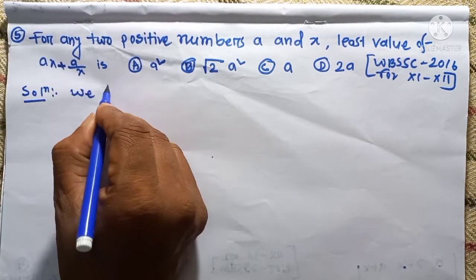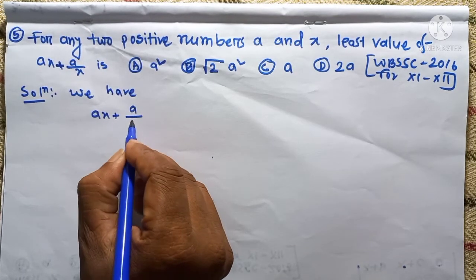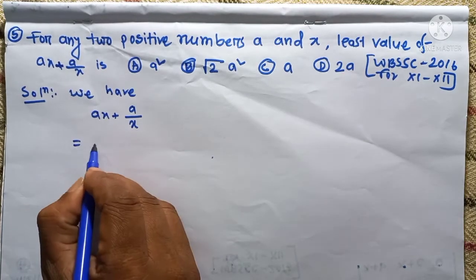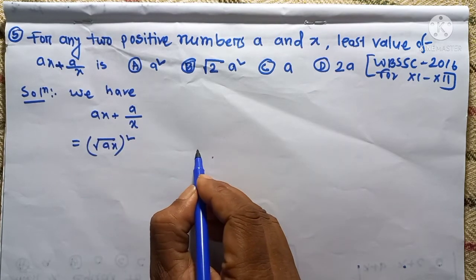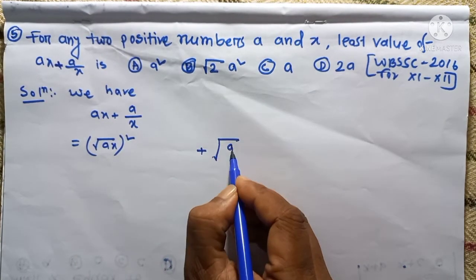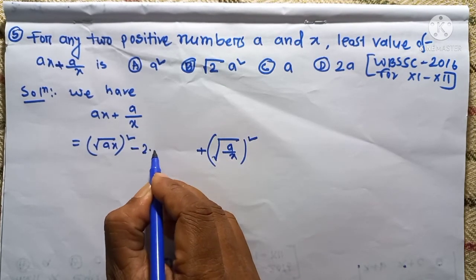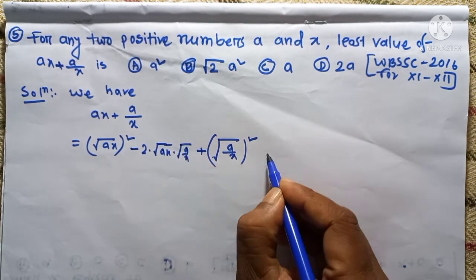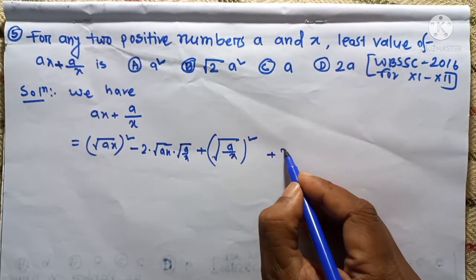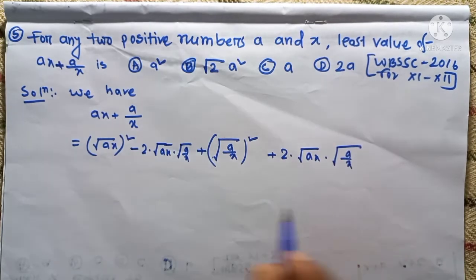We have ax plus a by x, this equal to root over ax whole square plus root over a by x whole square minus 2 into root over ax into root over a by x plus 2 into root over ax into root over a by x. This and this will vanish.